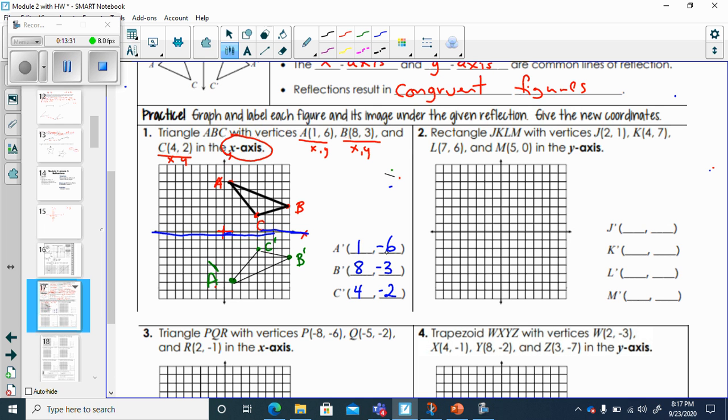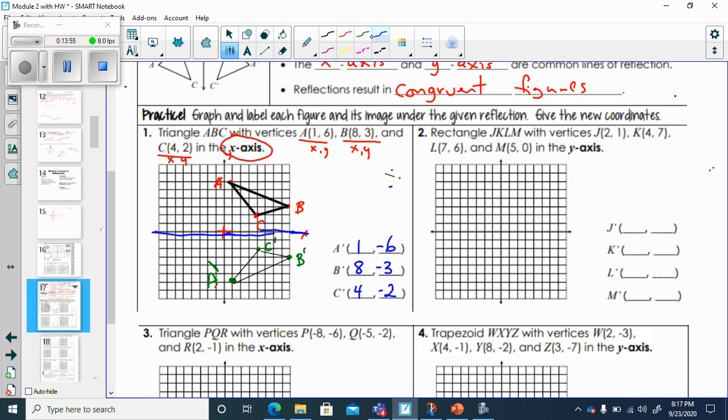Here, the 6 is now negative, so we've changed the sign on the y value. On this one, we've changed the sign on the y value. On this one, we've changed the sign on the y value. That's all that's happened. Here's your pre-image, here's your image. Here are the coordinates for your image points.